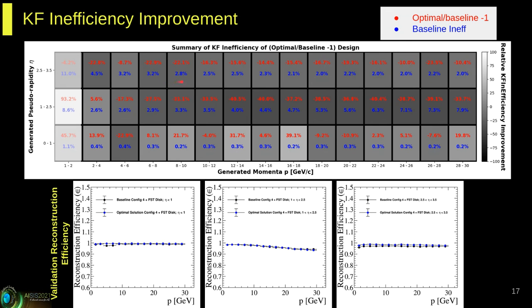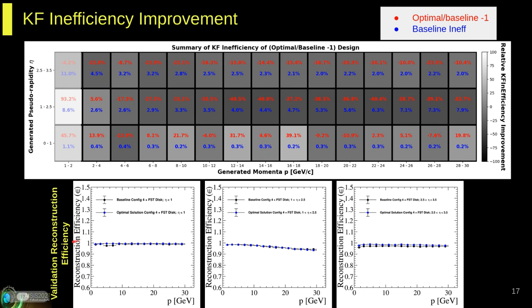The colors in the matrix represent relative improvement. The darker the color, the more improvement in Kalman filter inefficiency with respect to the baseline in that bin. We can observe that the eta region between 1 and 2.5 has good improvement, and this region is the transition region where we transition between the barrel and the discs.